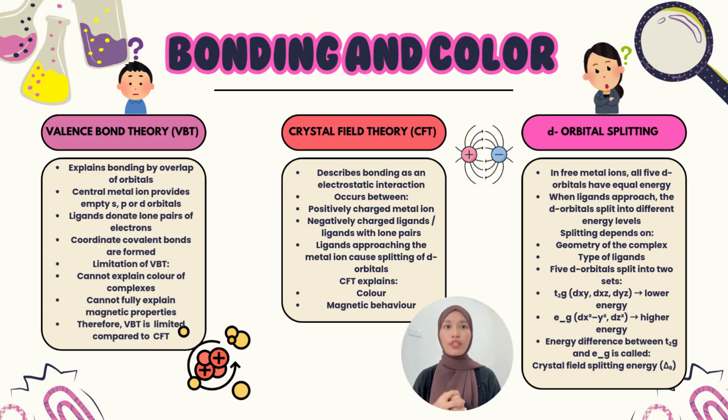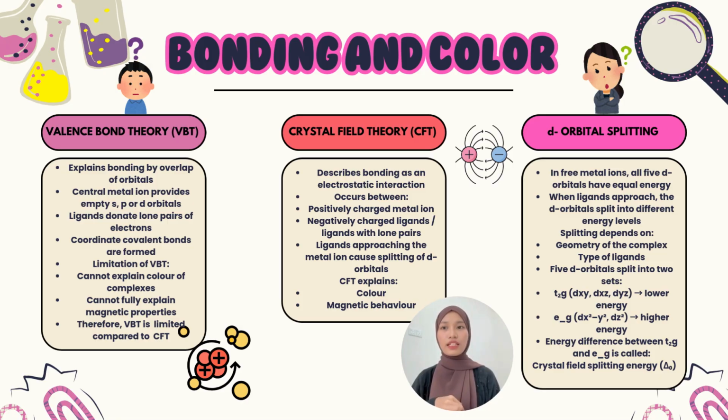VBT explains bonding in coordination compounds through the overlap of orbitals. The central metal ion provides empty s, p, or d orbitals, and ligands donate lone pairs of electrons into these orbitals. Because of this overlap, coordinate covalent bonds are formed between the metal ion and the ligands.